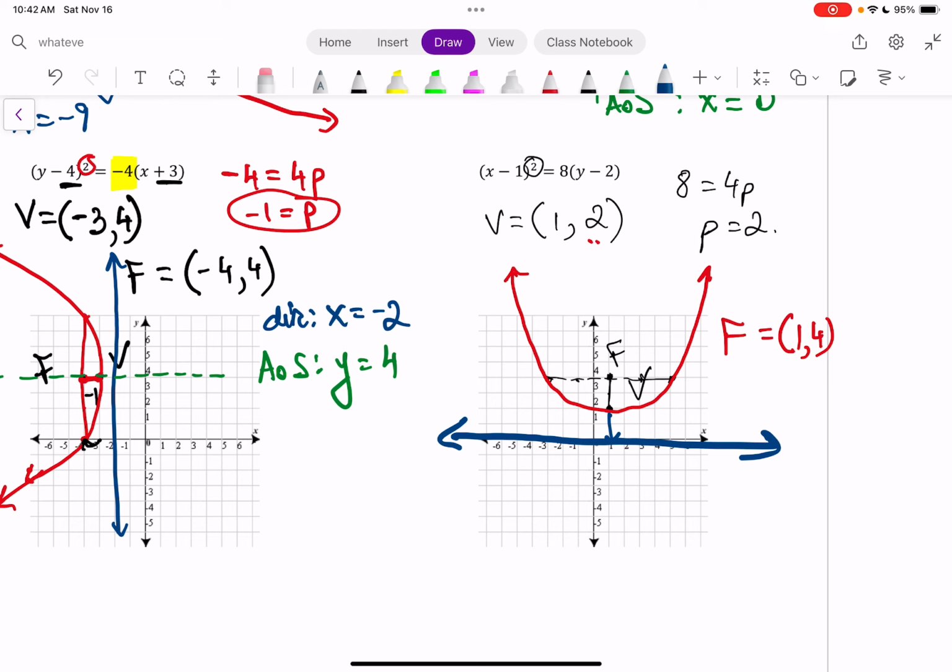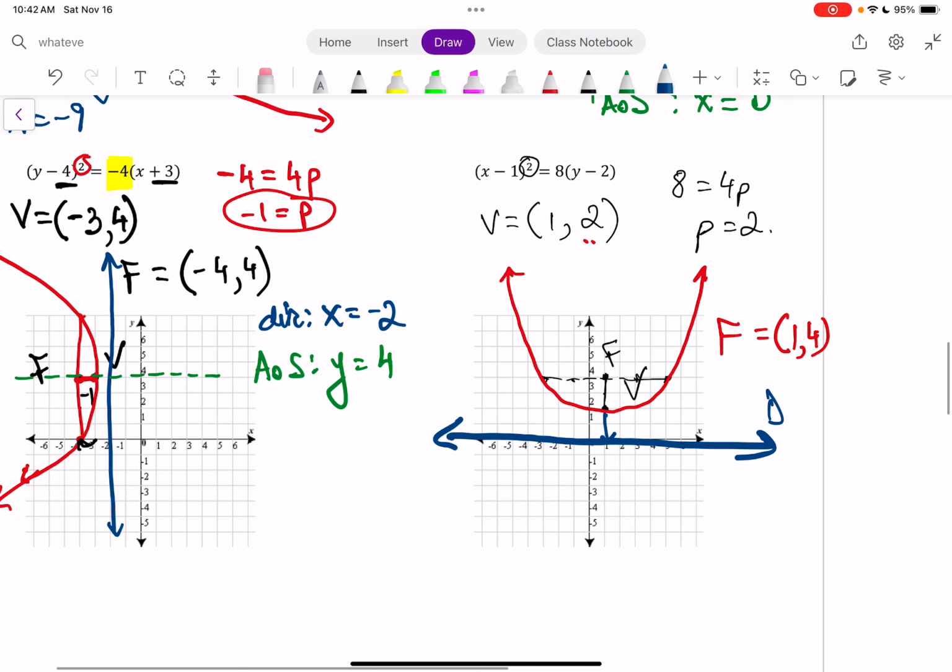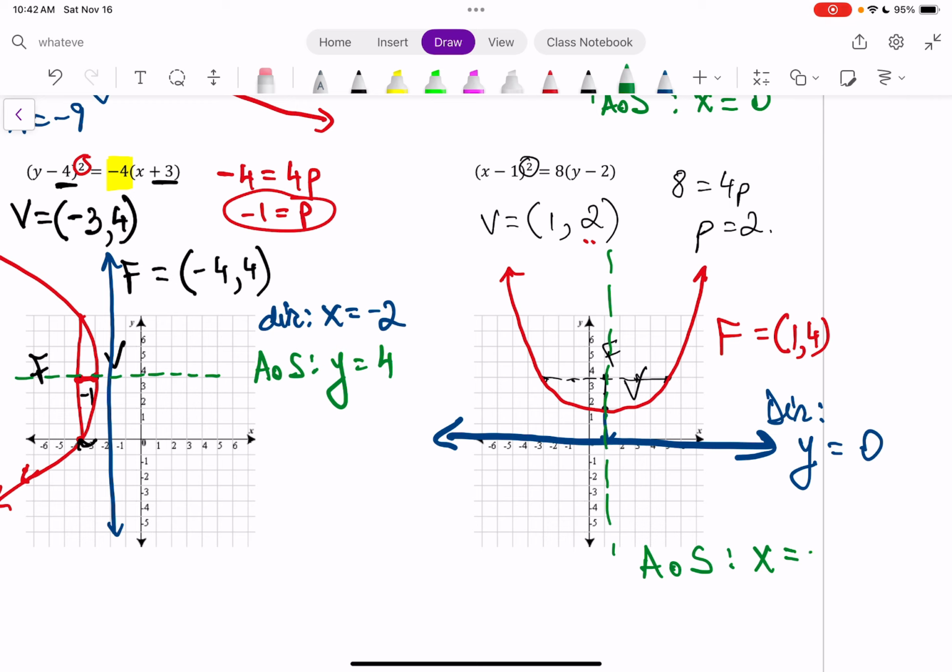So it gets to go sideways. So therefore, the directrix, as you see, is a horizontal line of equation y equals 0. And the axis of symmetry is the line that goes halfway through the parabola, and that I see is a vertical line. So its equation is x equals -1. I'm sorry, +1.